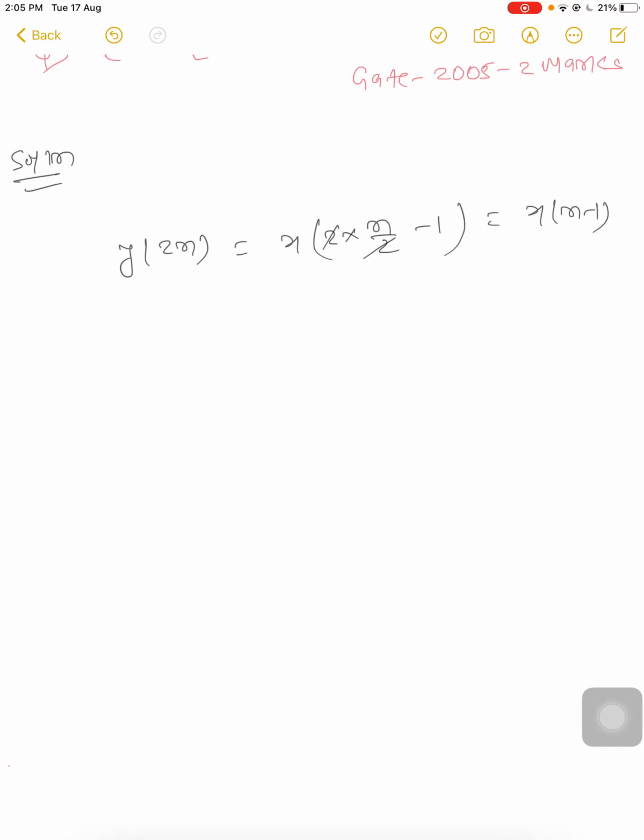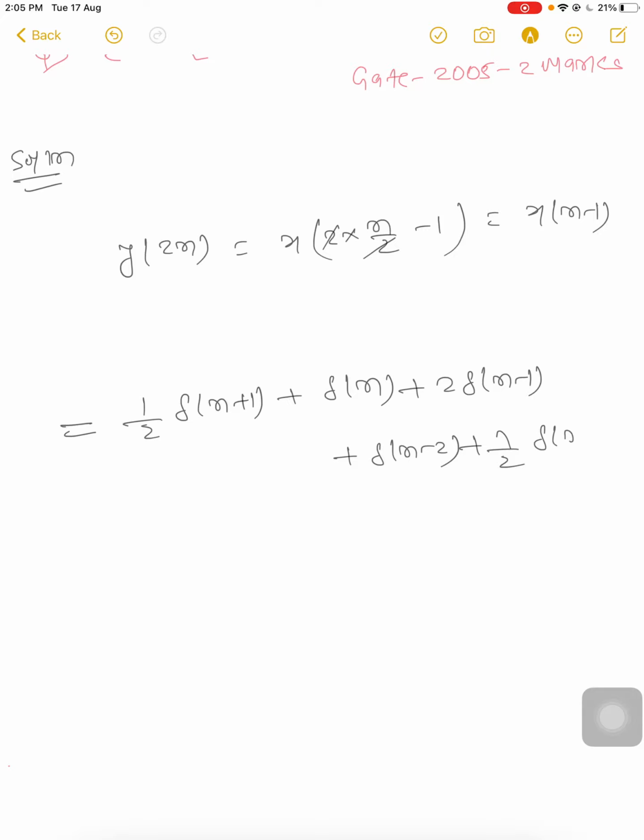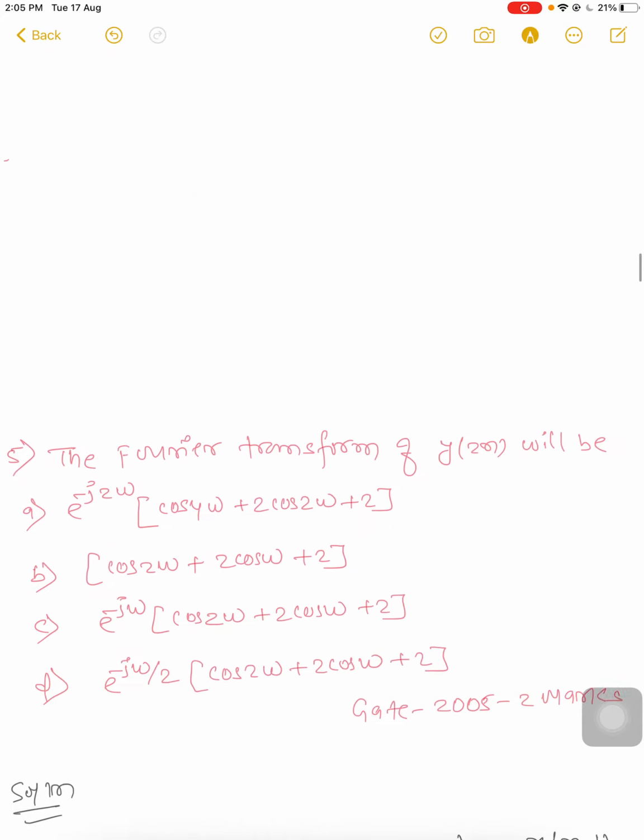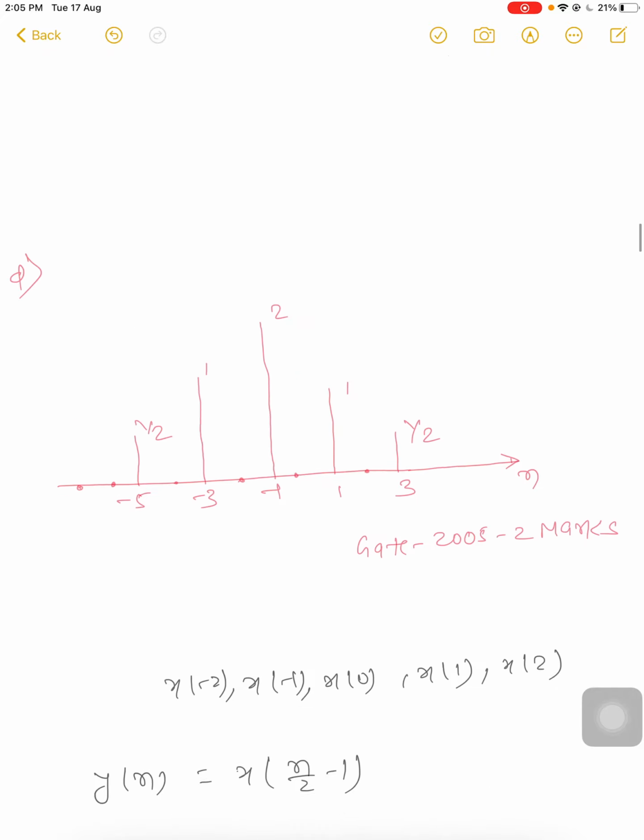So here the simple signals will be defined: half delta n plus 1, plus delta n, plus 2 delta n minus 1, plus delta n minus 2, plus half delta n minus 3, from the above signals.